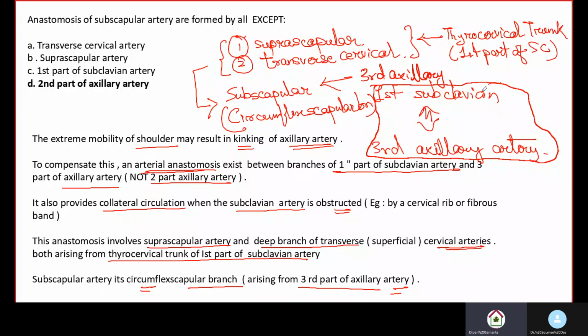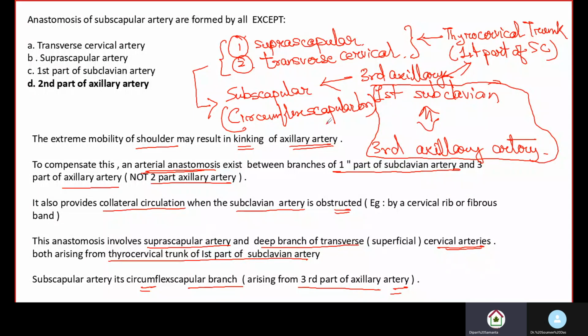These two arteries join with the circumflex scapular branch of the subscapular artery, and in turn this subscapular artery came from the third part of the axillary artery. So on a broad division, the third part of the axillary artery and the first part of the subclavian artery anastomose. And to be specific, it becomes the suprascapular and transverse cervical with the circumflex branch of the subscapular.